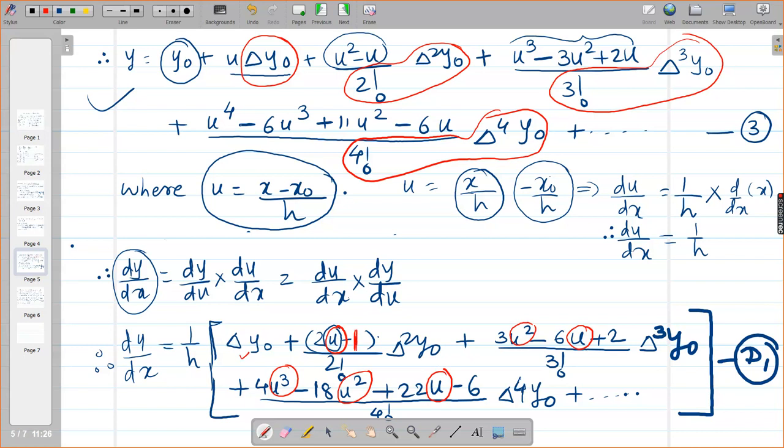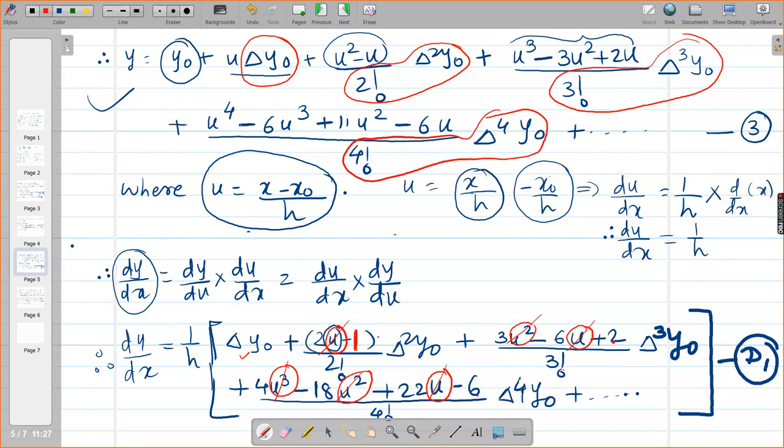समझा क्या? See your formula. u डालने से ये टर्म्स कैंसिल हो जाएंगी आपकी. u इक्वल टू 0 सब्स्टिट्यूट करने से क्या होगा? These terms will get cancelled. So you are left with -1/2 here. Here it will be +2/3 factorial, that is +2/6. So +2/6 is 1/3. This will become -6/24.